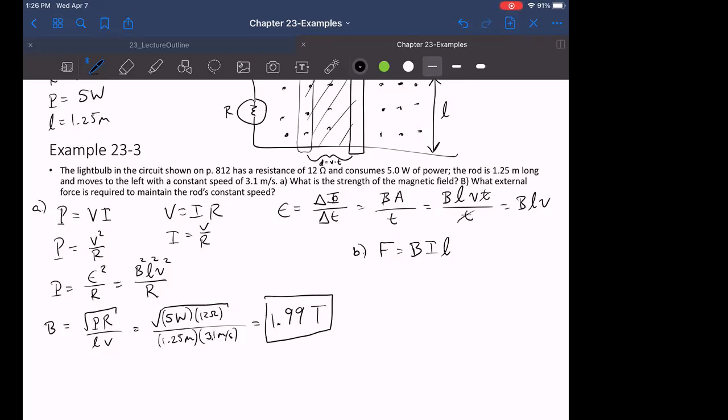Brilliant. All right, so you said F equals BIL. We know B is the square root of PR over LV, right? Times I times L. So the L's are gone. But then we have the square root of PR times I. We don't know I. So what did you do to get rid of the I?